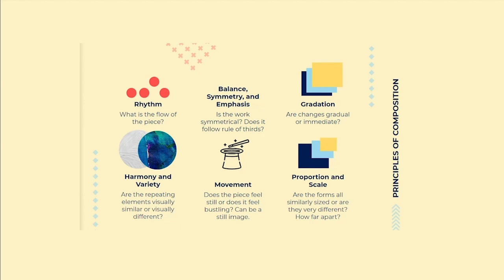These three definitely go very well together, which is why I've paired them so. Balance, symmetry, and emphasis. So balance can create a sense of symmetry, and it can also create a sense of emphasis. Of course, we all know from elementary school art class that symmetry is when something is the same on either side. You can have radial symmetry, which is where things are symmetrical, spiraling out from the center in pie slices.